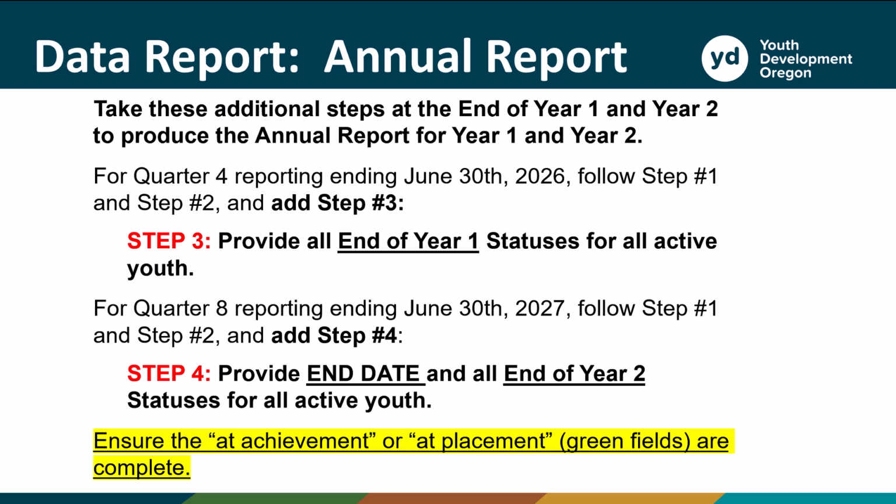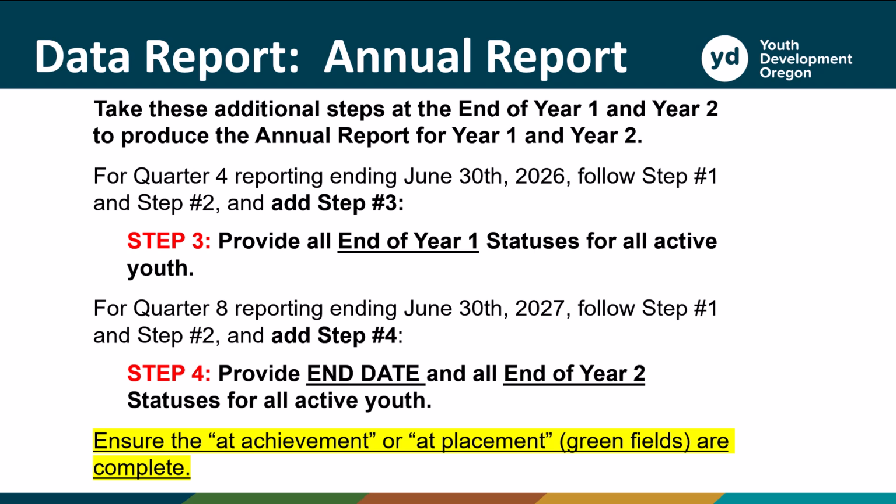Then, at the end of year 1 and end of year 2, to produce the annual report, there's a couple other steps. For quarter 4 reporting, follow step 1, adding new youth throughout the 3 months reporting quarter, and step 2, marking anybody as inactive who ceases their participation in the program, and add step 3, which is you will provide all end of year 1 statuses for all active youth.